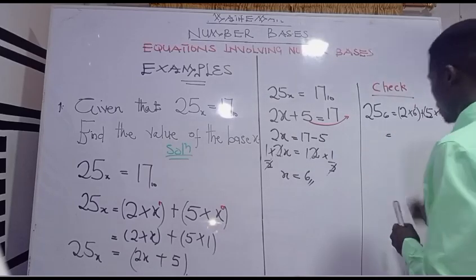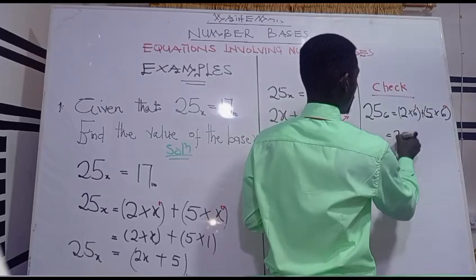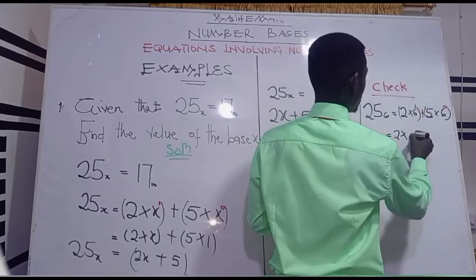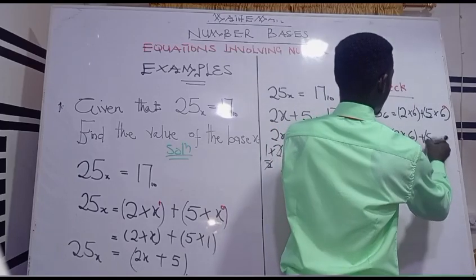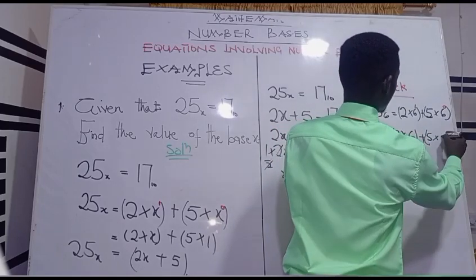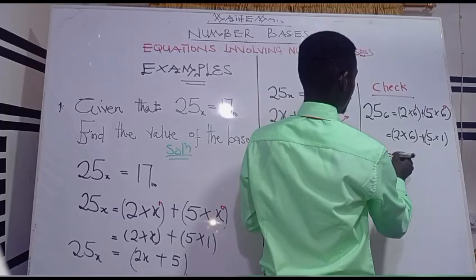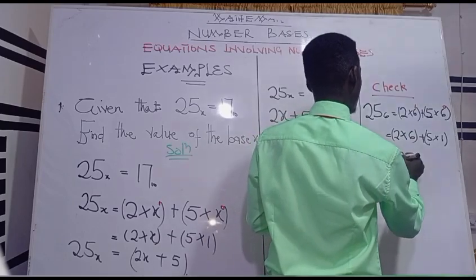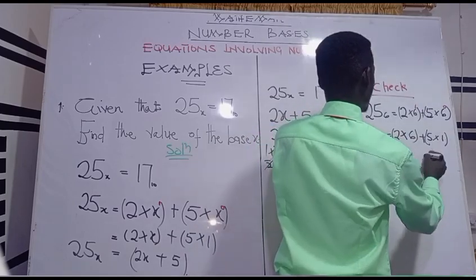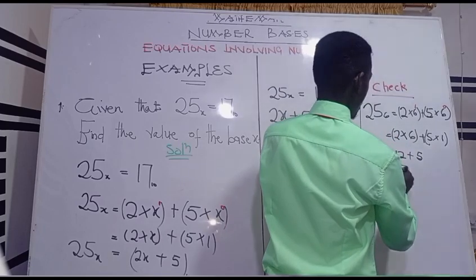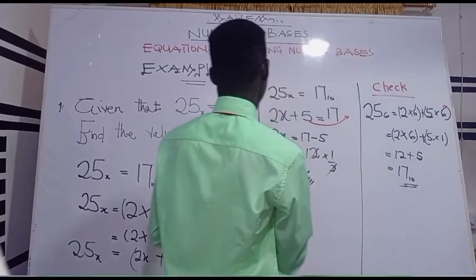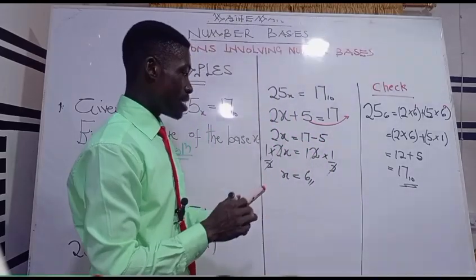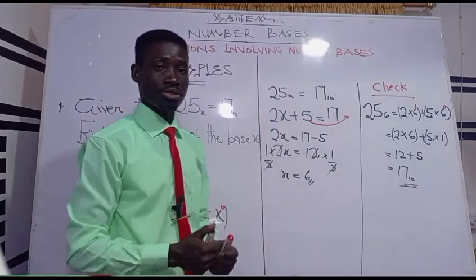So this is going to give us 2 times 6 power 1 will give us 6 plus 5 times 6 power 0 will give us 1. So we are going to get 2 times 6 will give us 12 plus 5 times 1 will give us 5. And this is giving us 17 base 10. And this is the same as that. So our base x is actually equal to 6.